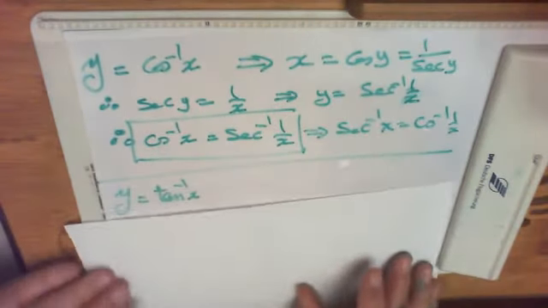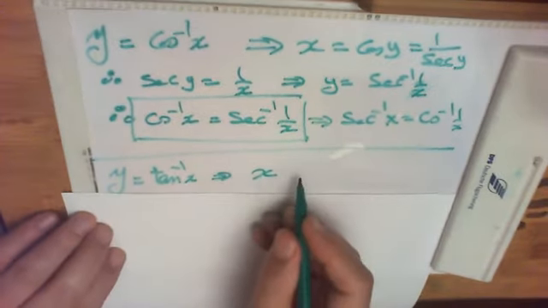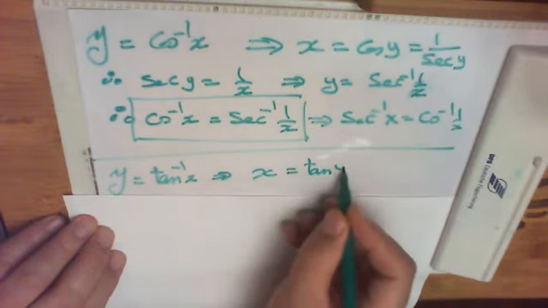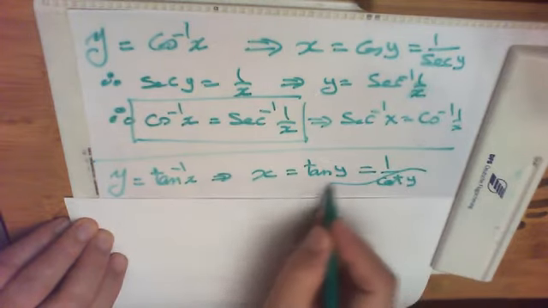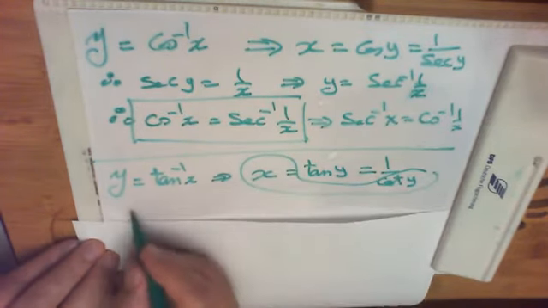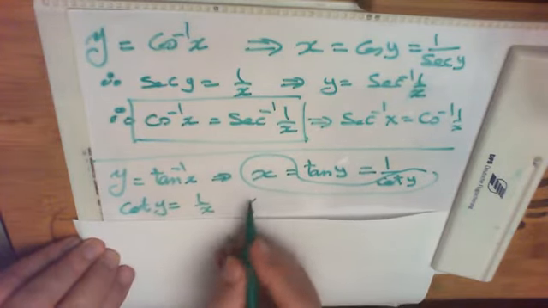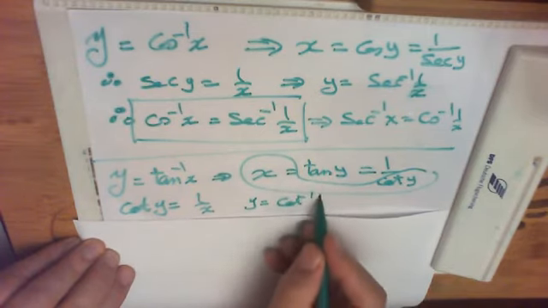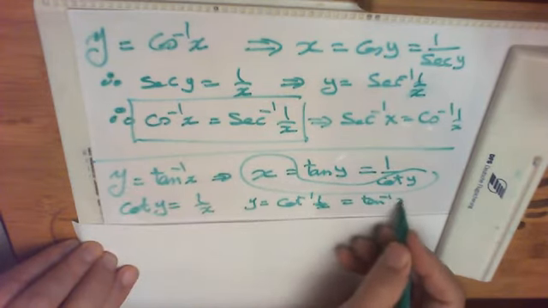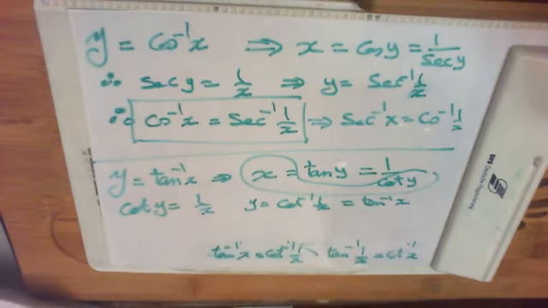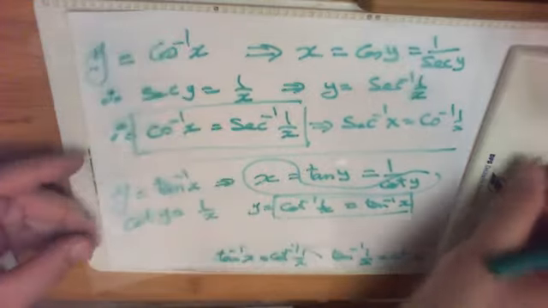Let us prove this. y equals tan⁻¹x means x equals tan y, which is 1 over cot y. Therefore, cot y equals 1 over x, from which y equals cot⁻¹(1/x). But y is tan⁻¹x. This is tan⁻¹x, as we expected. Piece of cake. Okay.